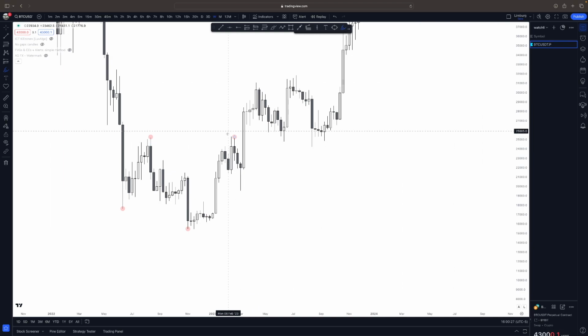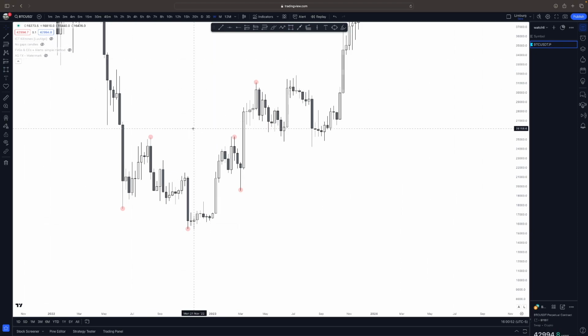Price created a new high here. And price created a new higher low here, followed by a new high, and the uptrend continues. So once price made this high, we could suspect price to come back lower, creating a new higher low.